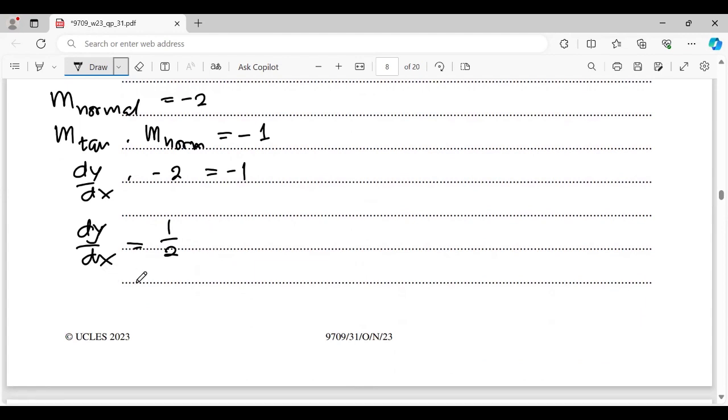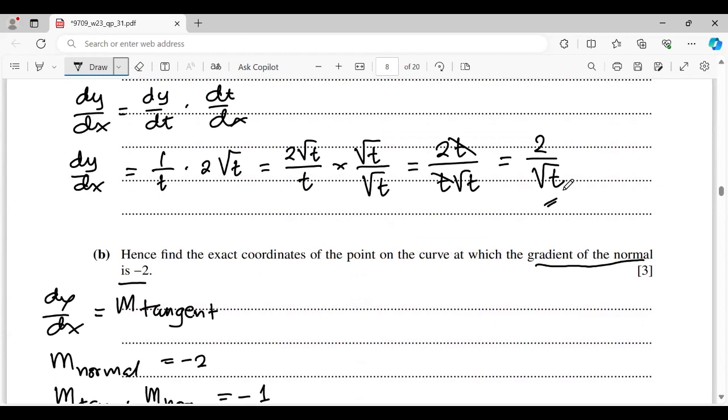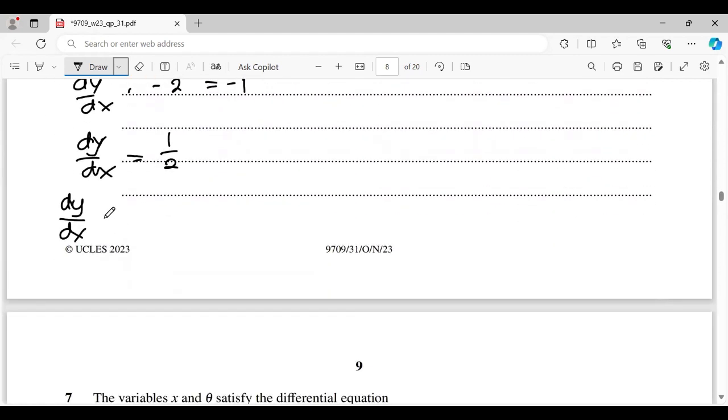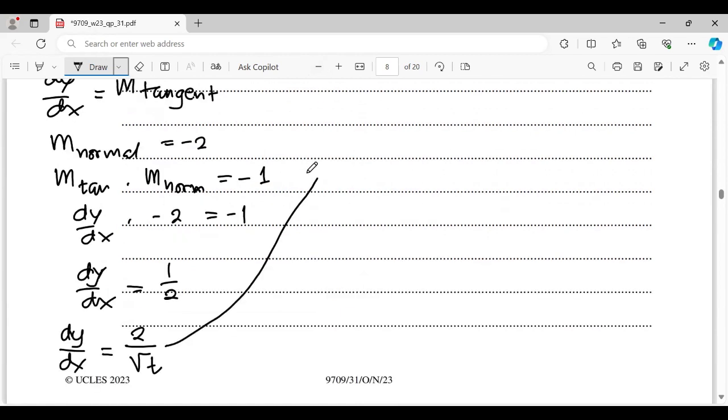Next, if dy dx equals half, and from the previous problem dy dx equals 2 over square root t, then 2 over square root t equals half, so square root t equals 4, and t equals 16 because 4 squared is 16.